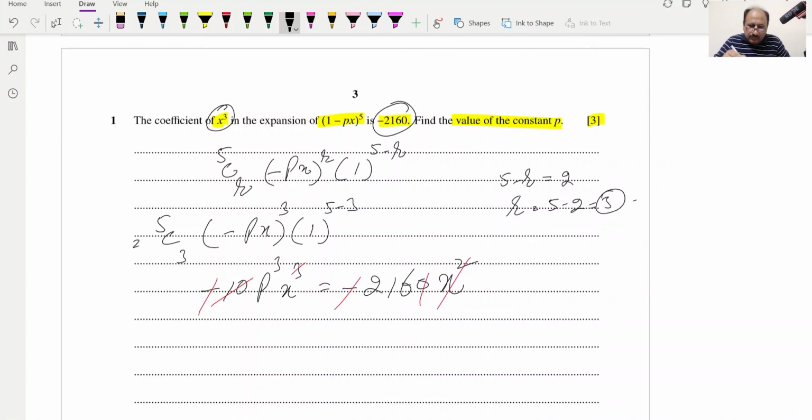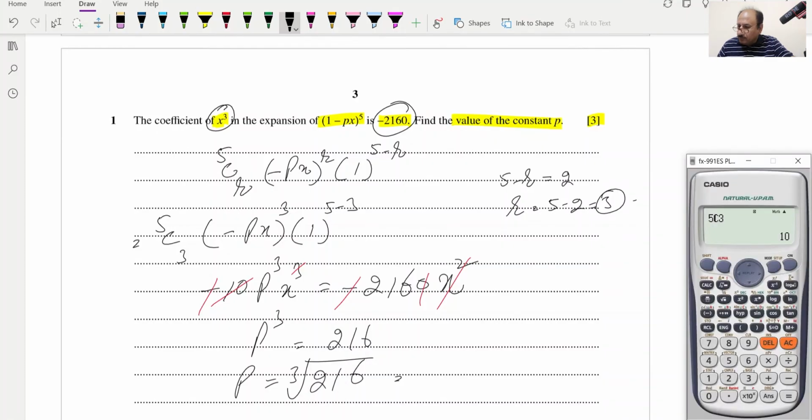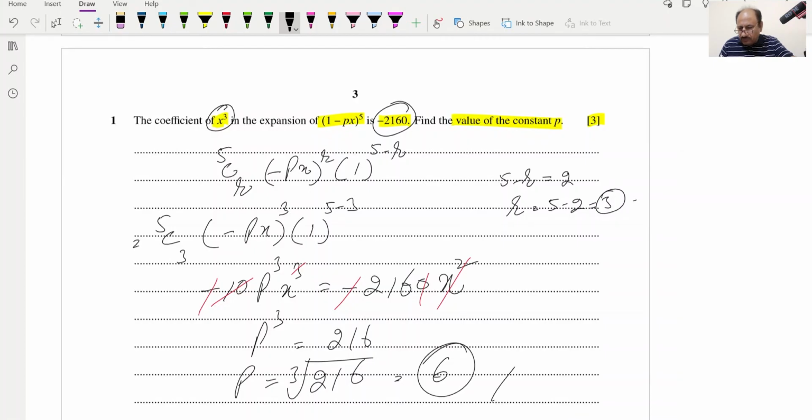The shrunk equation will be p cubed is equal to 216, and p will be the cube root of 216, which is 6, so our answer will be 6 for this part.